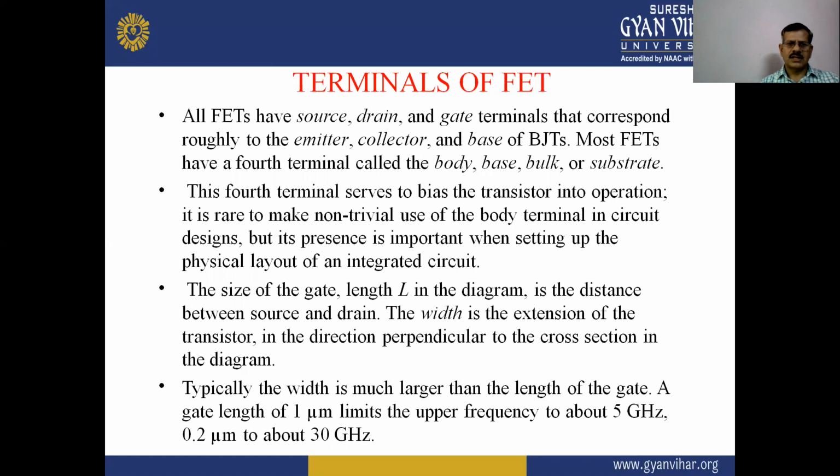The size of the gate: the length, in the diagram, is the distance between source and drain. The width is the extension of the transistor in the direction perpendicular to the cross section in the diagram.